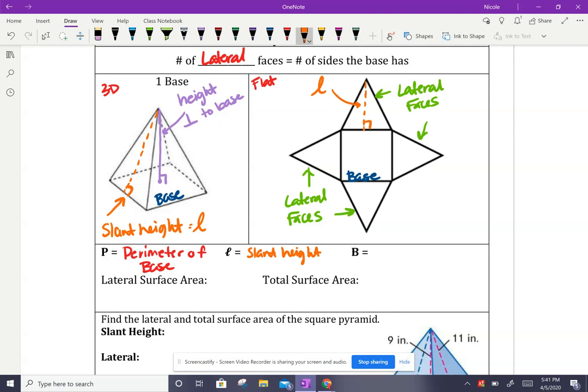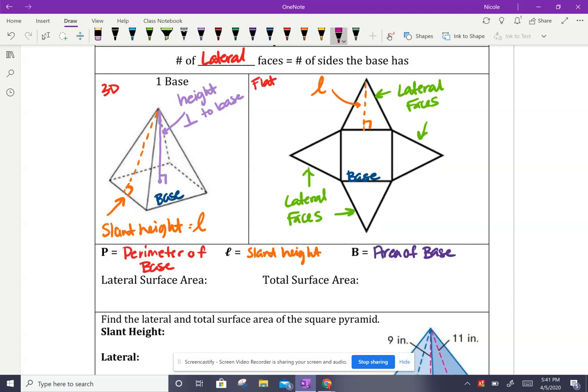And then the capital B, just like last time, was the area of the base. So we have the perimeter of the base, the slant height, and the area of the base. That is all necessary to find our surface area. So just like with our previous surface areas, we have to find lateral, and then we find the total.